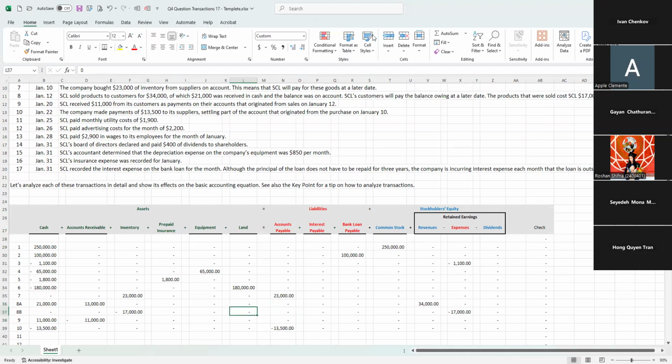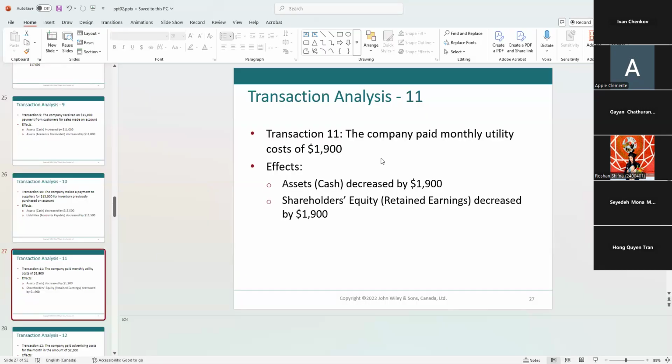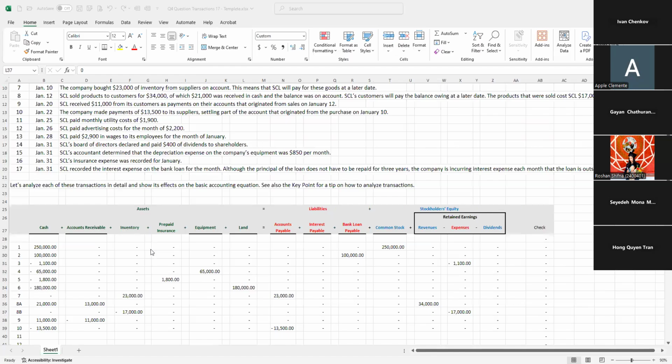Okay, let's do another one. Number 11. What's going to happen now with number 11? The company paid monthly utility costs of $1,900 cash. So the electricity bill came and we have to pay $1,900 cash.